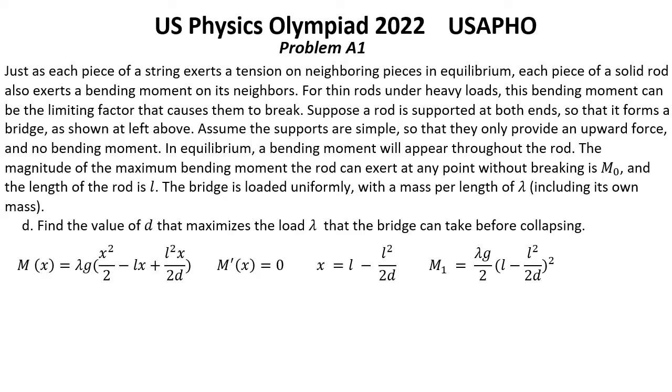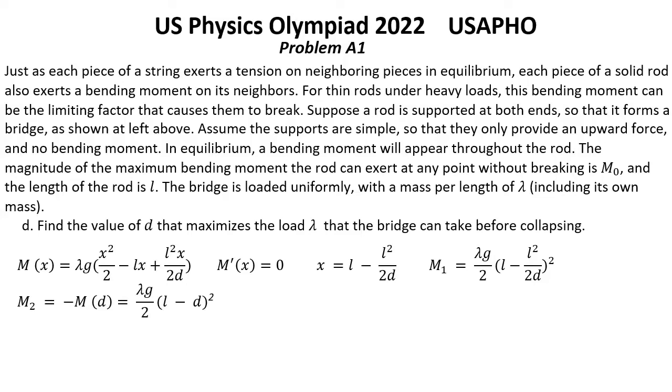Therefore, the most negative value of the bending moment occurs when x equals d, giving a bending moment of magnitude M2 equal to this expression. As another check, this matches the answer to part A for a rod of length L minus d, which is correct.